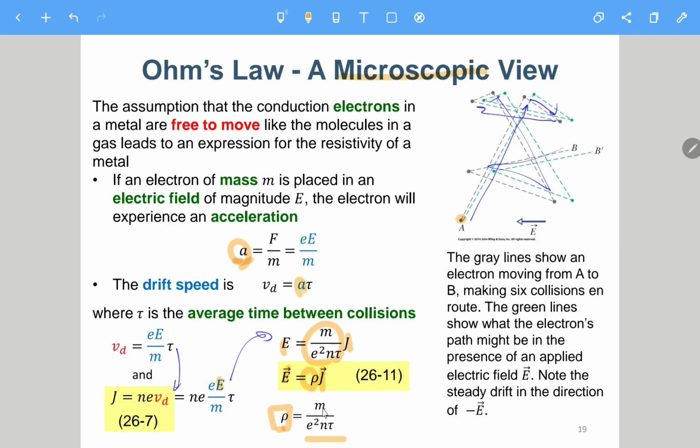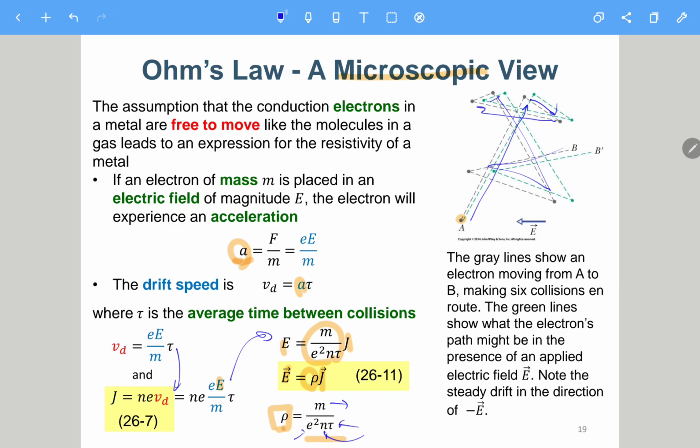And here we can verify that m is the mass of an electron, so it should be a constant. e is the elementary charge, so it should also be a constant. n is the electron density, so for a given material it is also constant.